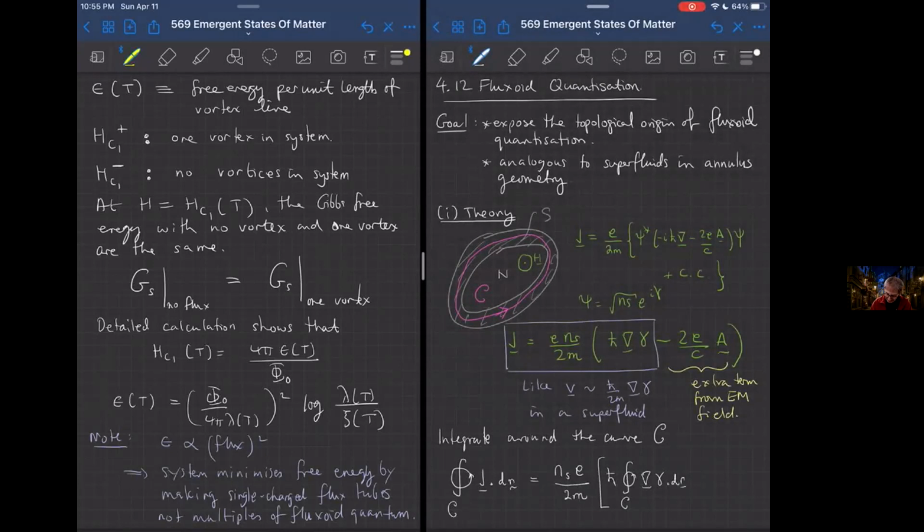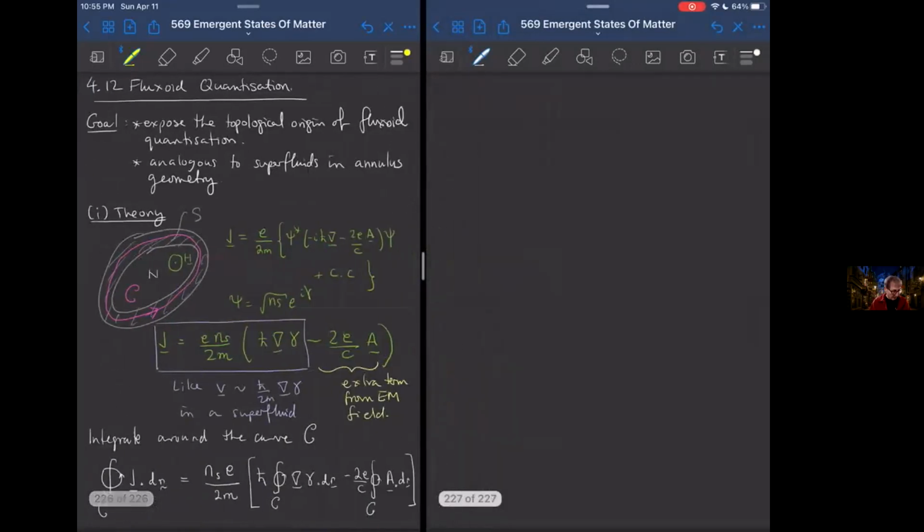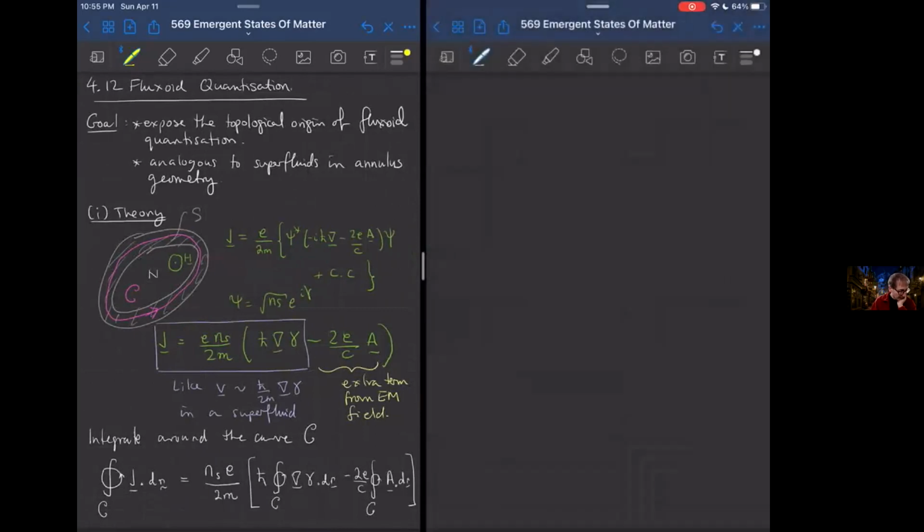But now we have another term, which is 2e over c times the integral around the curve of A dotted with dr, like so.